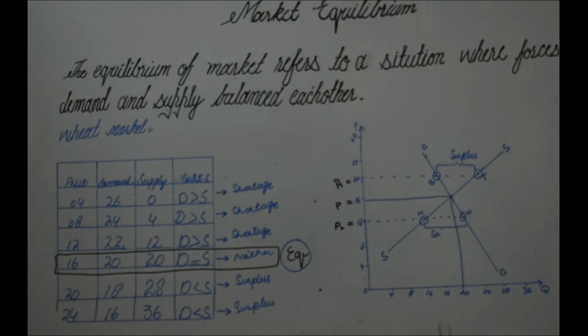It is a negative slope demand curve, which indicates that more quantity will be demanded at a lower price. When price increases, demand decreases, and when price decreases, demand increases. So this shows the negative relationship between price and demand. This is our DD, the market demand curve.